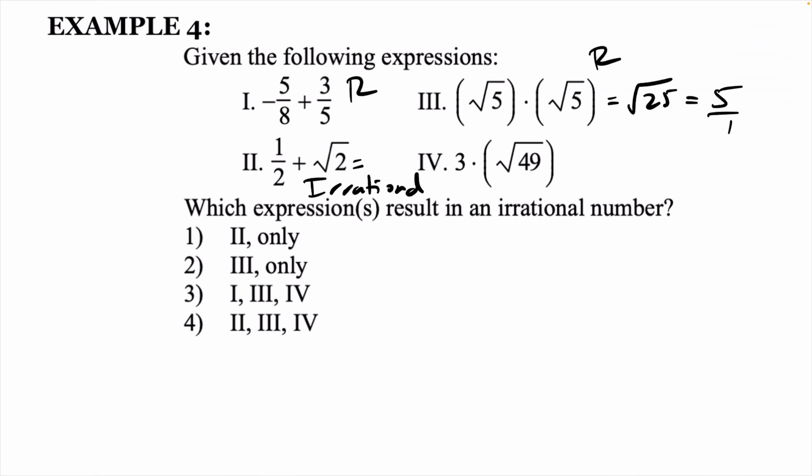Roman numeral number 4, 3 times the square root of 49. Is 49 on my list? Yes. So really it's just 3 times 7, which is 21, rational. So the only one that's irrational is Roman numeral number 2.